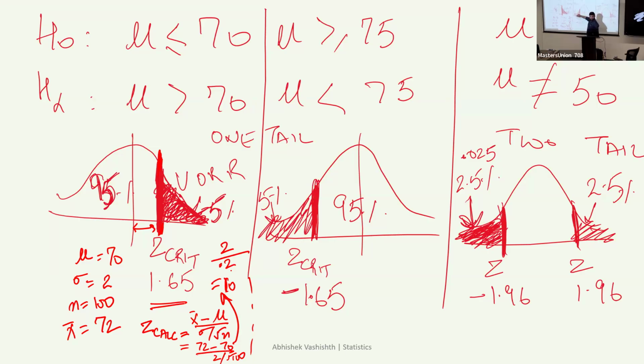So this Z calculated is somewhere here, whereas Z critical was here. Z calculated is coming out to be 10. Z critical was only 1.96, which means that I am playing in the rejection region.